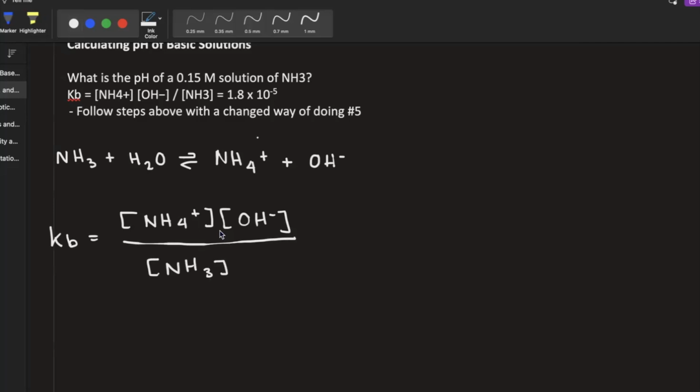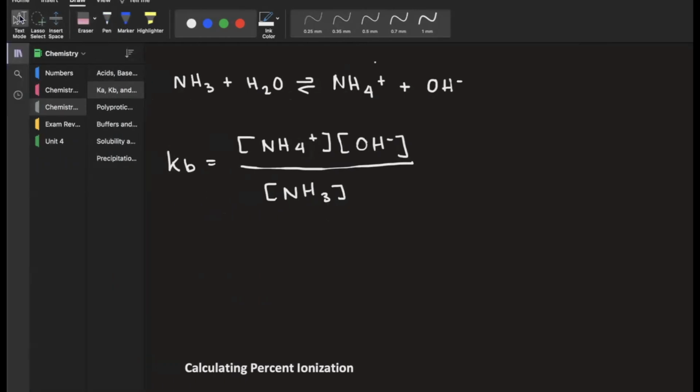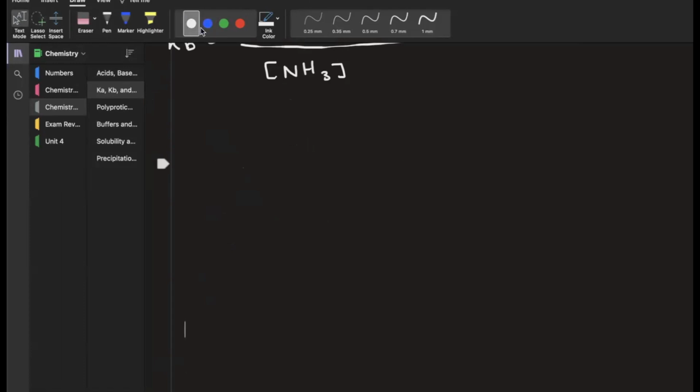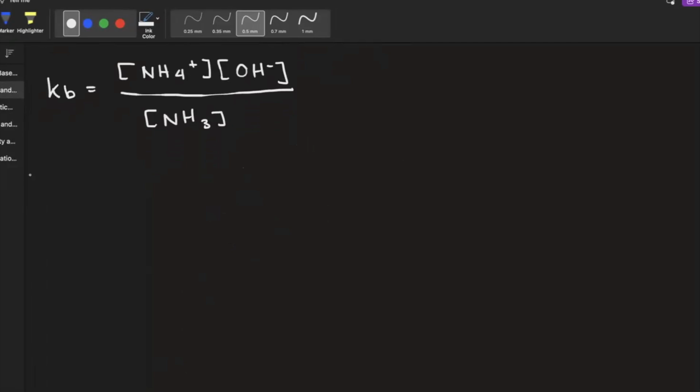Okay. So now that we know that Kb equals this expression, we can go ahead and write our ICE chart. So going ahead and writing our ICE chart, I, C, E. At the top, we have NH3, then NH4 plus, and then OH negative.